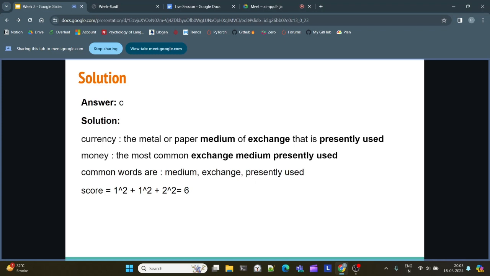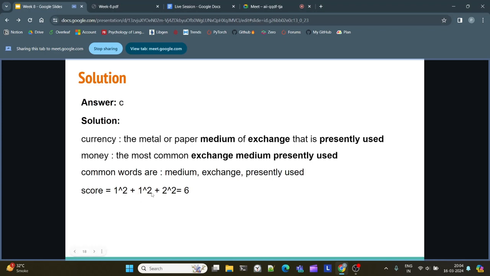So why have we taken 1 to the power 2 for medium and exchange, the unigrams, and presently used as a bigram? For a bigram the base is 2, and the exponent is always 2 in all the cases.